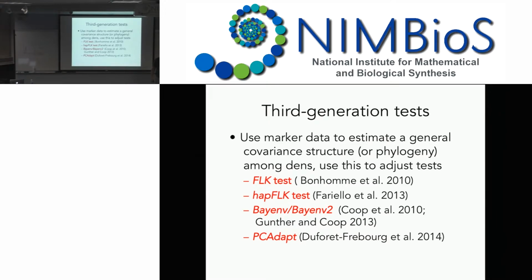If you think about population structure, it's such a high dimensional space that you can have. There's no obvious canonical model for population structure. So second generation approaches were better because they move you out from this constraining island model, but they still have issues. Third generation approaches basically say, I take my marker data, I use the marker data over all the markers to compute covariances among all the demes.